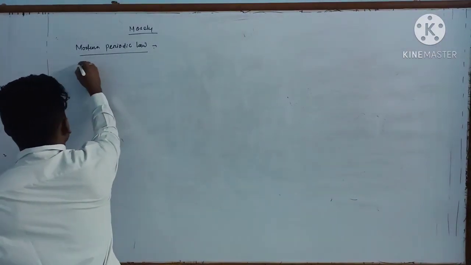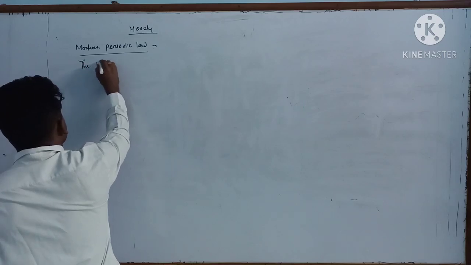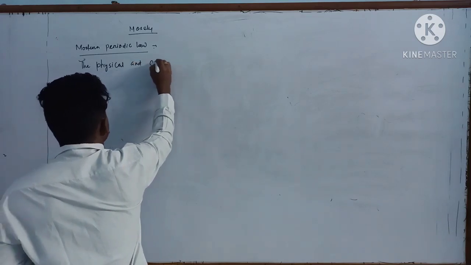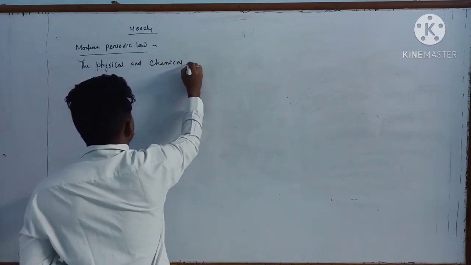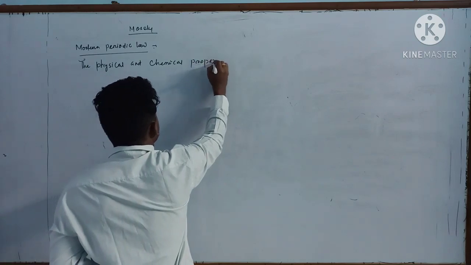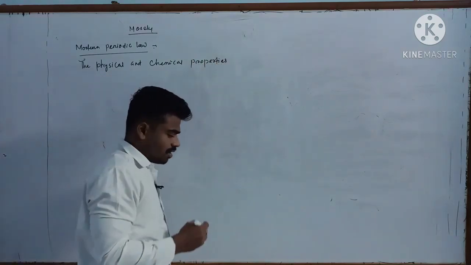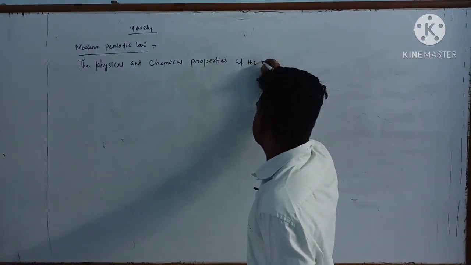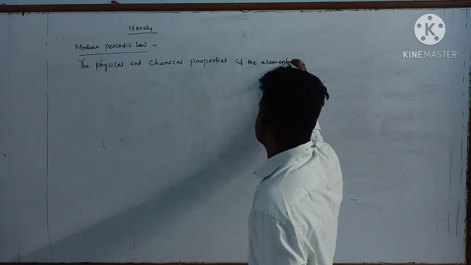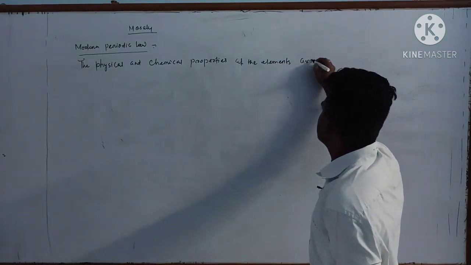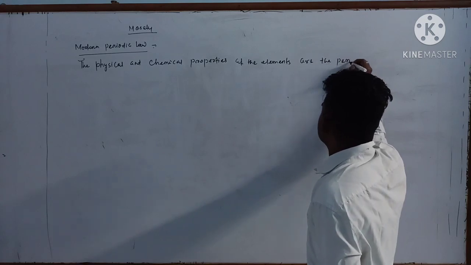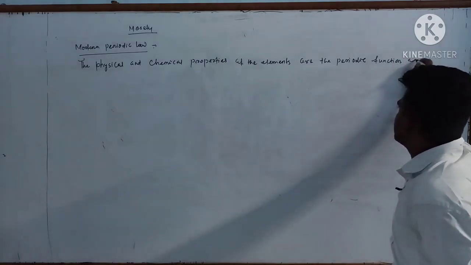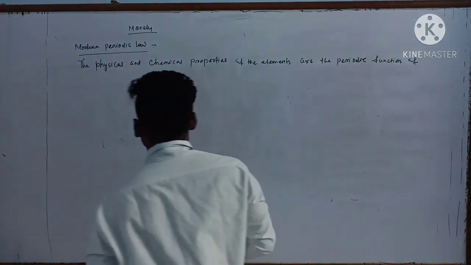The physical and chemical properties of the elements are the periodic function of their atomic numbers.